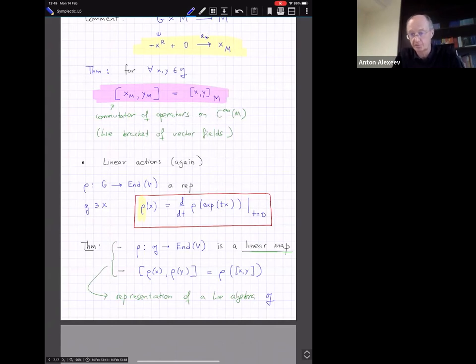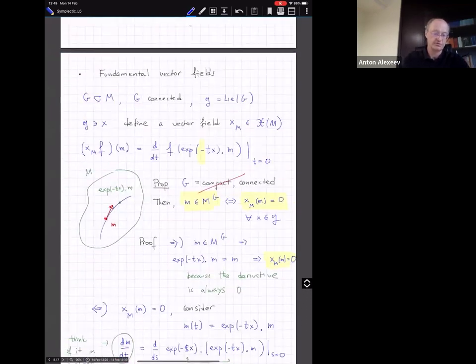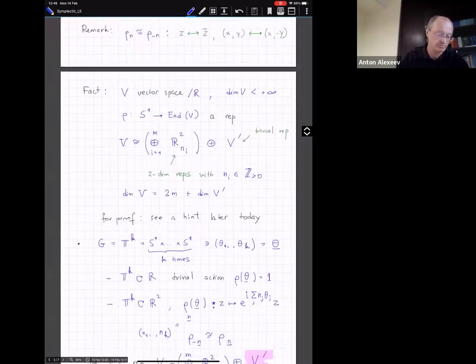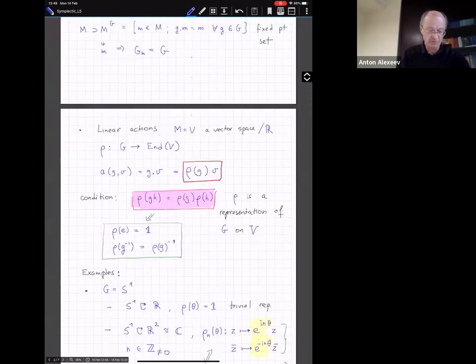So we have groups, Lie groups, and we have corresponding Lie algebras. And we can ask, what's the relation between representation theory in these two categories? We have representations of groups, which were defined in the beginning of the class, defined by linear operators which satisfy this equation in pink.